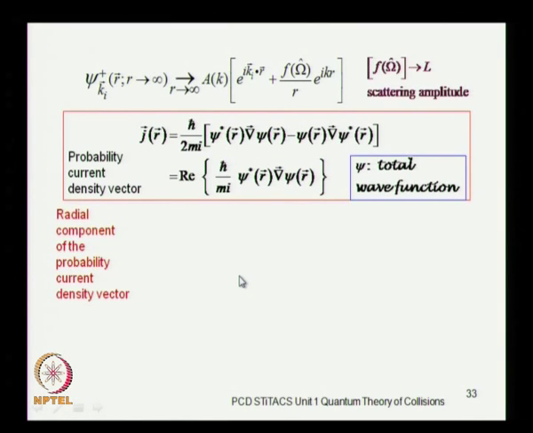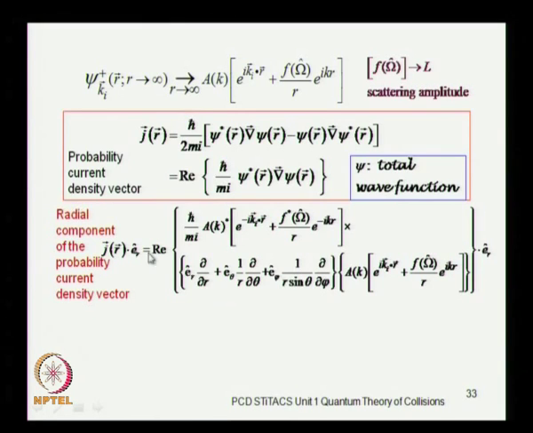but we will focus our attention on the radial component of this current density vector. So, take the current density vector and take its radial component, which is j dot Er. J we know is given by this expression, in which psi star is the complex conjugate. You begin with h cross over m i, then you have the complex conjugate of the wave function, e to the minus i k dot r, f star over r e to the minus i k r.